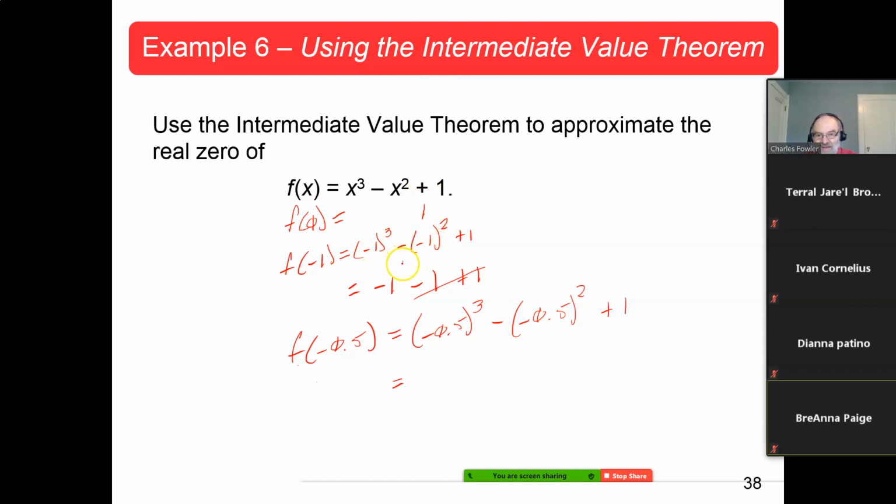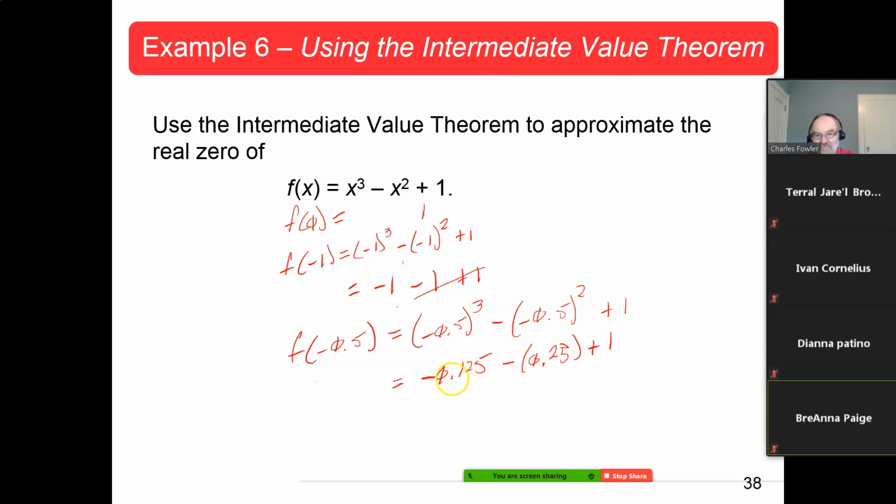Okay, -0.5 cubed, we know is going to be negative because a negative to an odd power is negative. Well, 0.5 times 0.5 is 0.25, right? Times another 0.5 is -0.125. Okay, minus, and this will be a positive 0.25, plus 1.